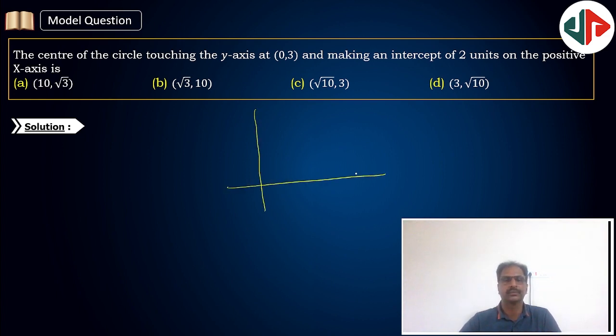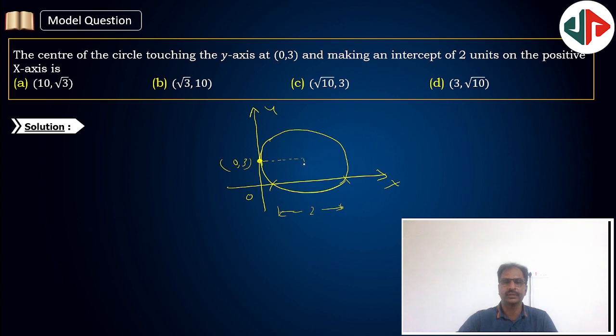Next question. The center of the circle touching y-axis at 0, 3 and making an intercept of 2 units on positive x-axis. So diagram will be like this.